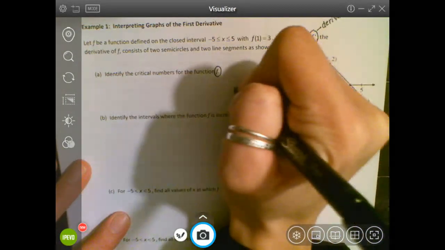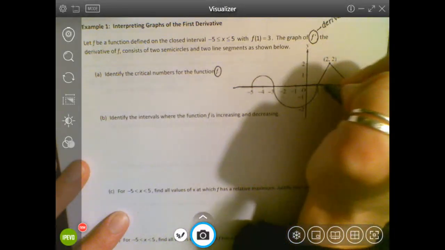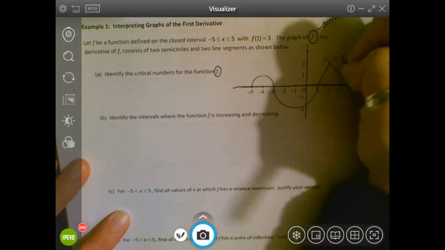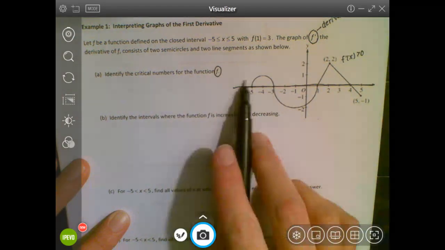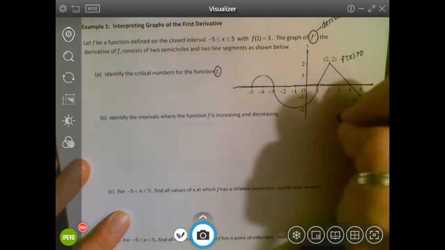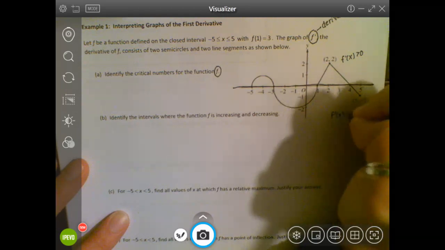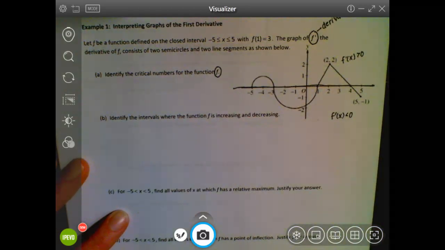So above the x-axis here, this is telling us that our derivative is greater than 0, because that's where my f prime is above the x-axis. Down here below the x-axis, this is telling me that my derivative is less than 0.